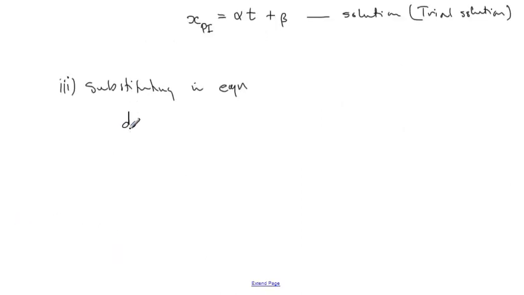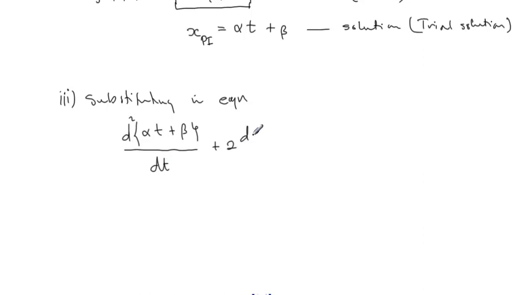We've got d2 of alpha t plus beta, the second order derivative, plus 2 d of alpha t plus beta, the first order derivative, plus alpha t plus beta, which is our x, equals 3t plus 9.